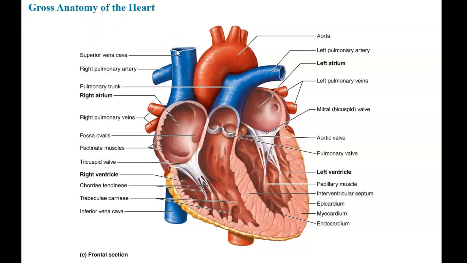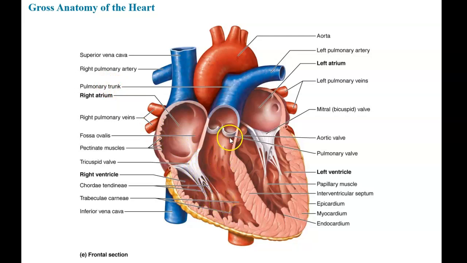The superior vena cava brings the blood back from the neck and the head, but they both drain here at the right atrium. From the right atrium, it goes through this valve. It's called the tricuspid valve, also known as the right AV valve. From there, it goes into the right ventricle.